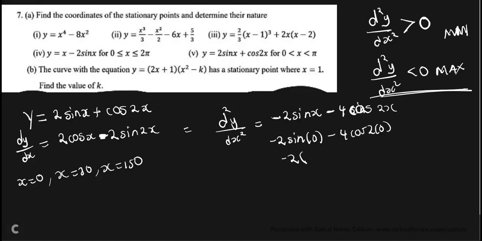What's sine 0? The answer is 0. So this is 0 minus 4 cos 0, and cos 0 is 1.